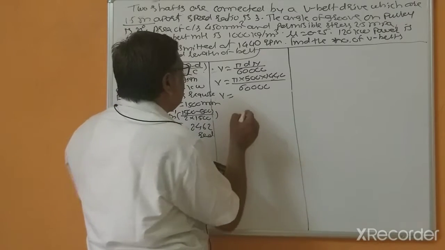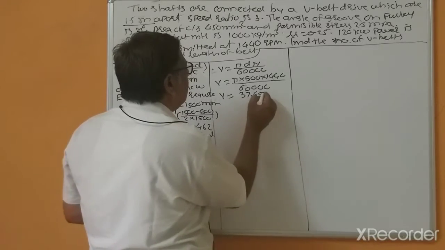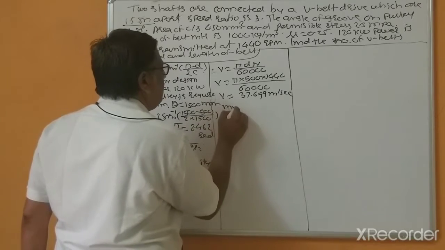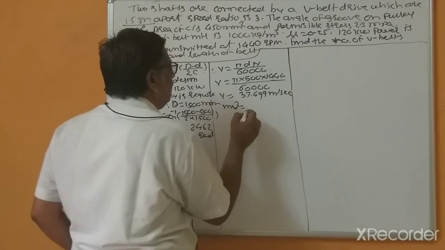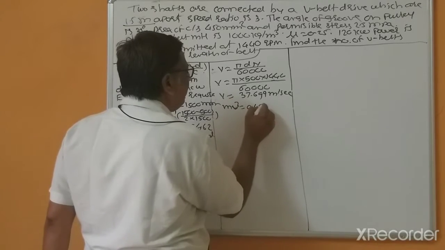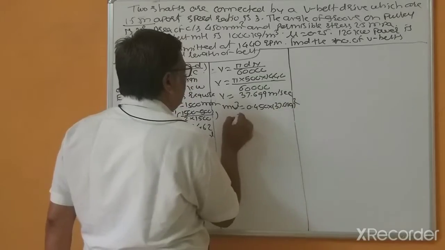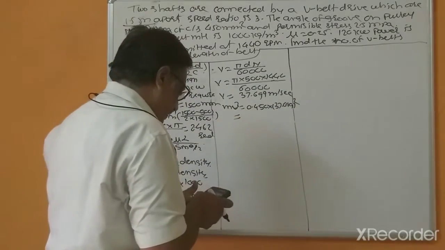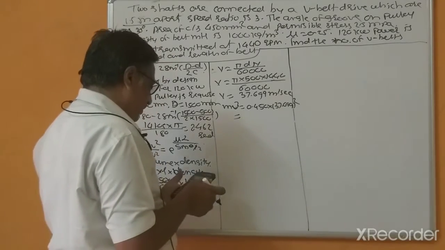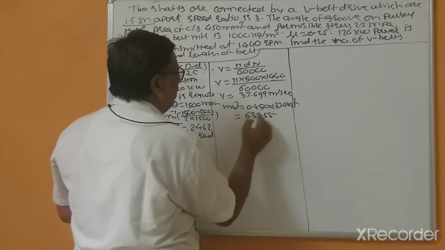This is 37.699 meter per second. Now mv squared equal to 0.45 multiplied by 37.699 squared. This is equal to 639.55.